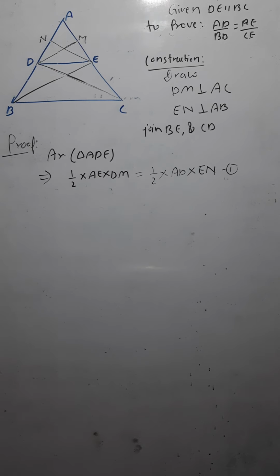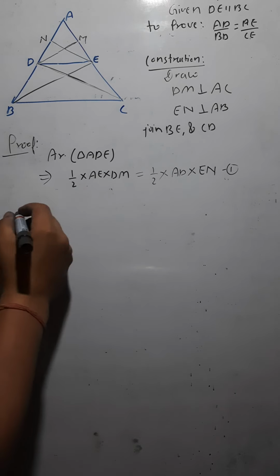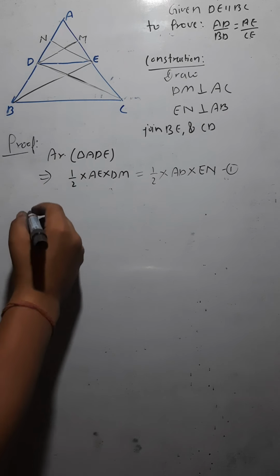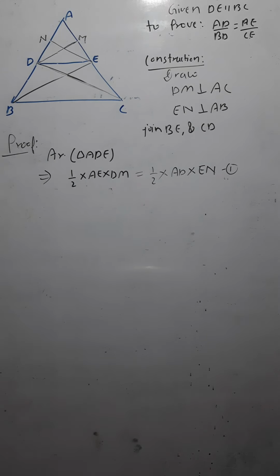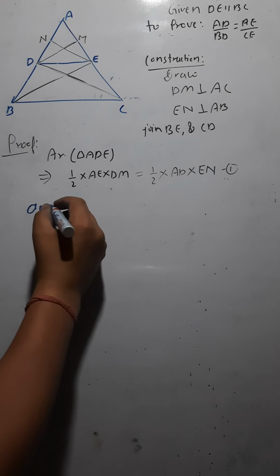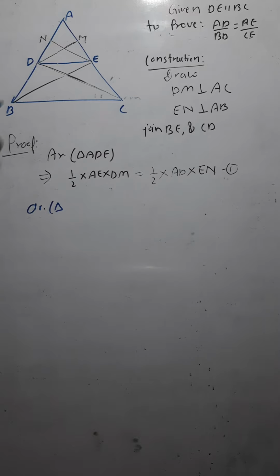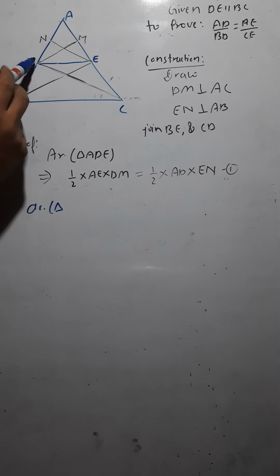Isn't it? So let me write here. It's not working. Let me write it another way. Let me write it here: area of triangle, which triangle? This one, DCE.